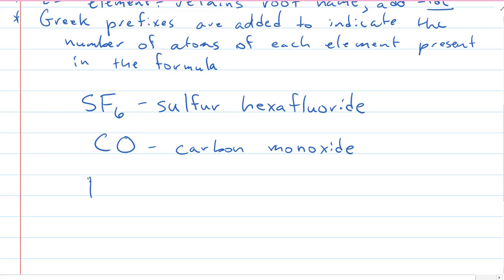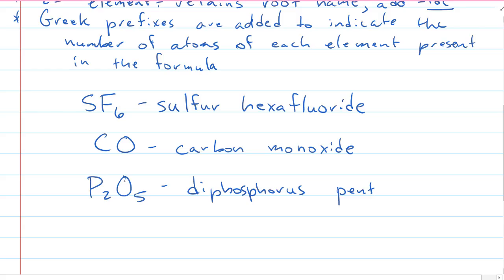So, in other words, if we had something like P2F5, this one here is going to be diphosphorus, oh, I meant to put P2O5, sorry. Put in an O here.